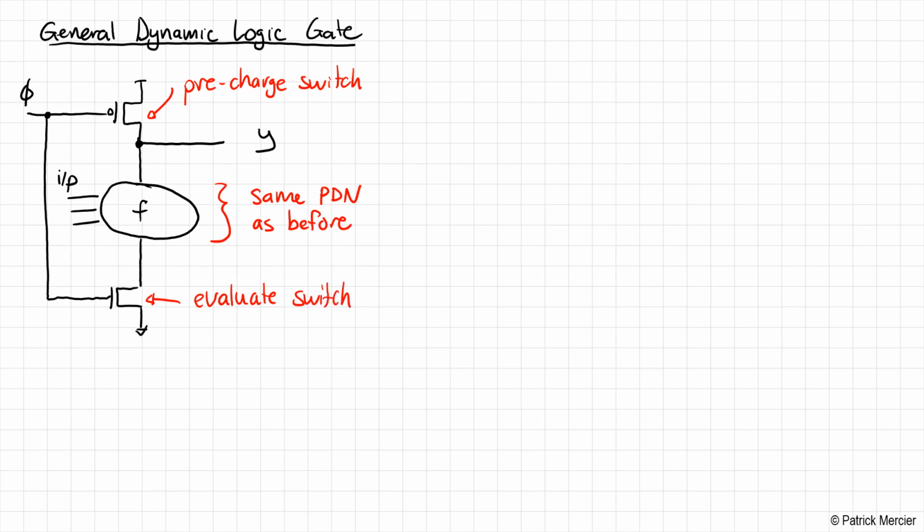Okay, so how does this circuit work? The circuit works in two phases. The first phase is what we call the pre-charge phase. This is when phi is equal to 0. When phi is equal to 0, the bottom evaluate switch is off.